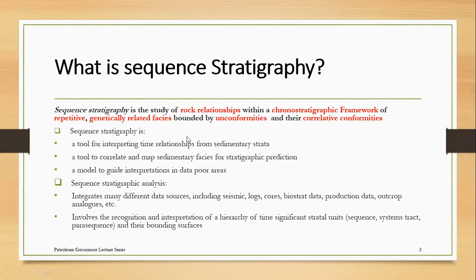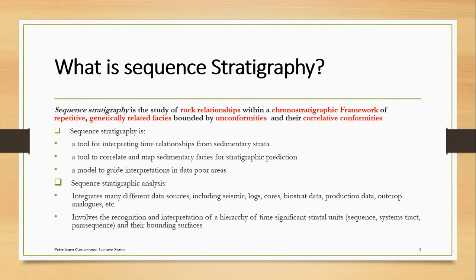So basically, sequence stratigraphy is a tool for interpreting time relationships from sedimentary strata. It's also a tool to correlate and map sedimentary facies for stratigraphic prediction. If you remember what I said in the definition, I mentioned words like predictive and repetitive. All these are jargons that we're going to see as we go further in the presentation.